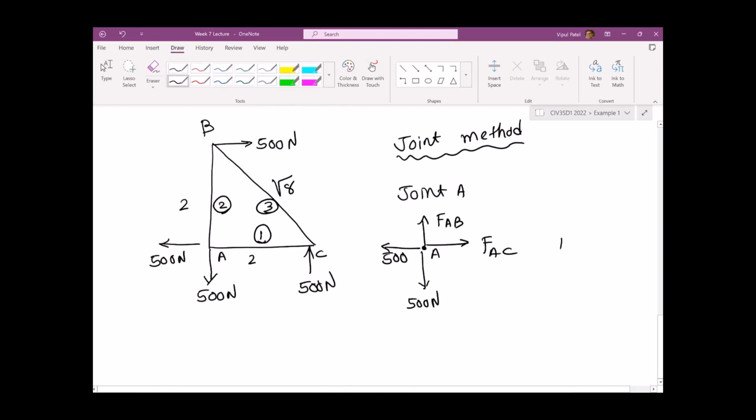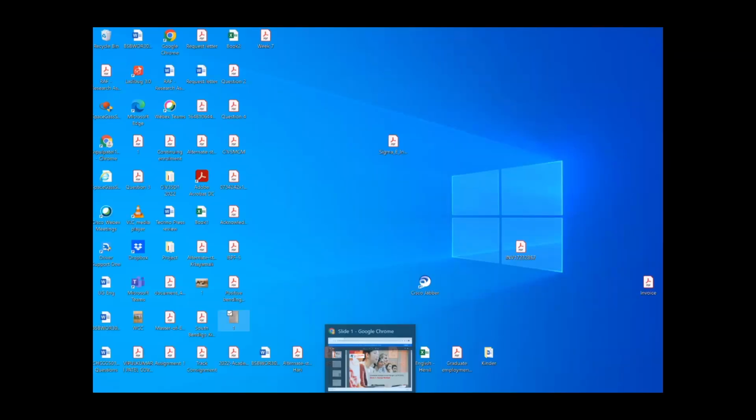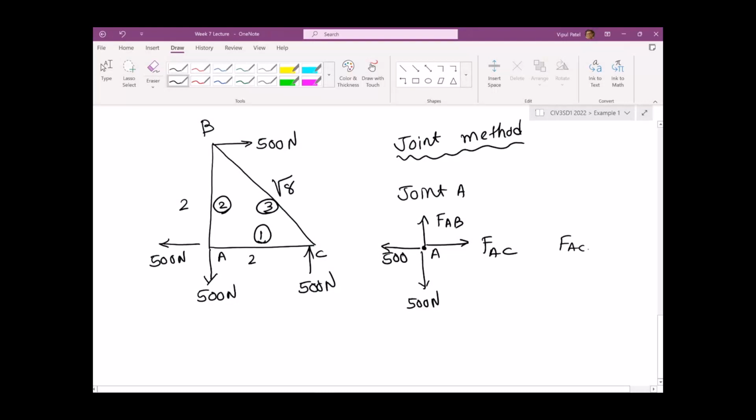So FAC equal to 500 newtons tension. FAB is equal to 500 newtons tension. So N1, let's put the N1 there, is 500 newton tension. N2 is 500 newton tension.